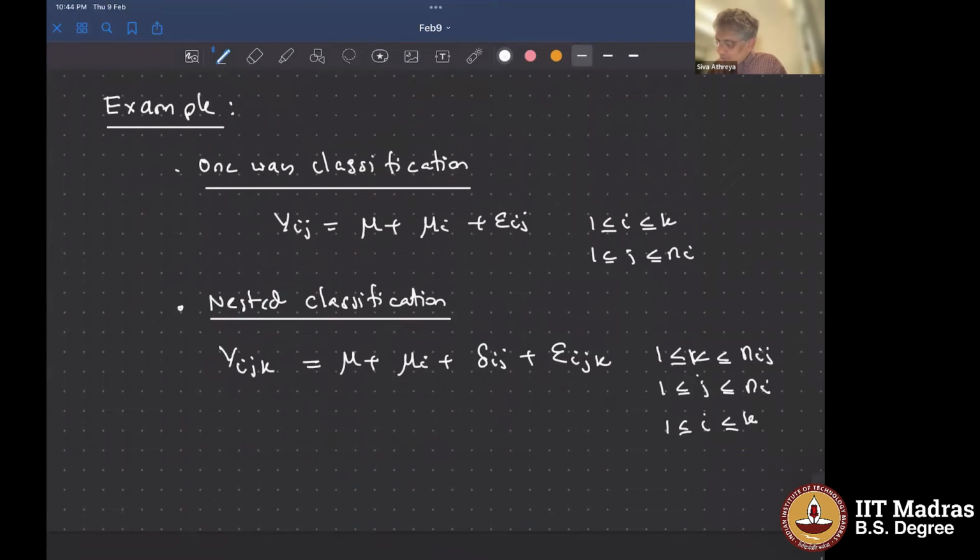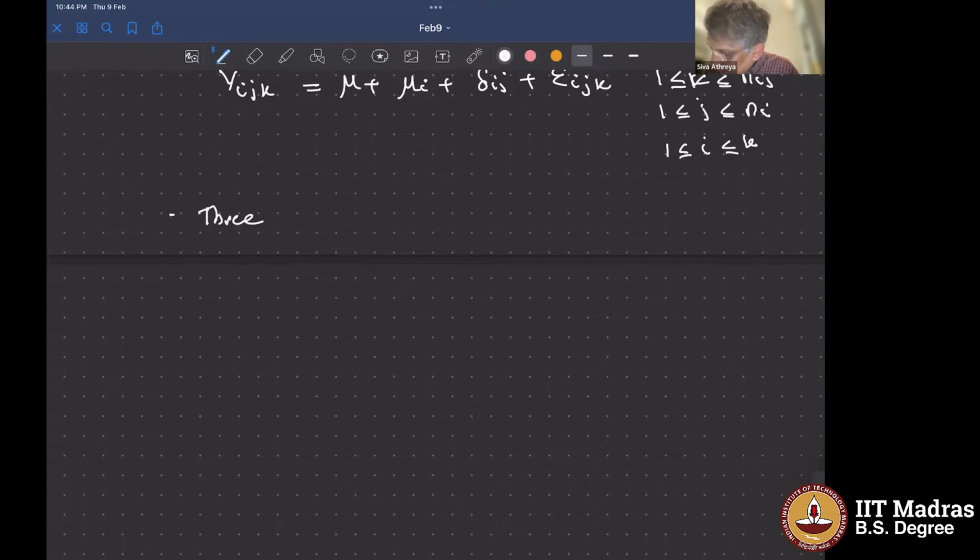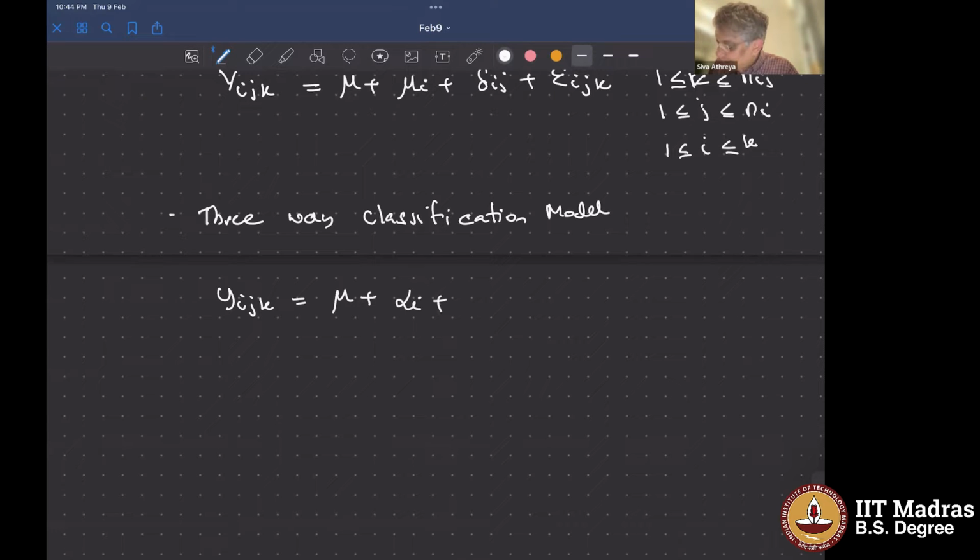The last one is what's called a three-way classification model. Here you have y_ijk equal to mu plus alpha_i plus beta_j plus gamma_ij plus epsilon_ijk.